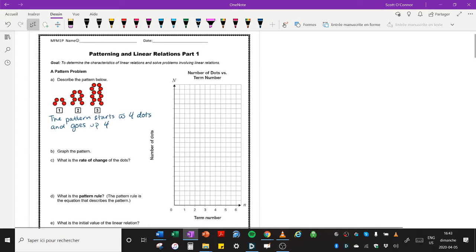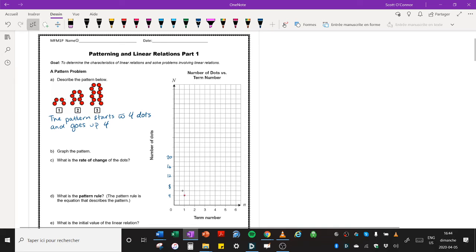Now it says to graph this pattern. And we just need to add values along the y-axis. So we're going to go 4, 8, 12, 16, 20, and we're going to graph these points. So the first point that I could graph here is 1 and 4.